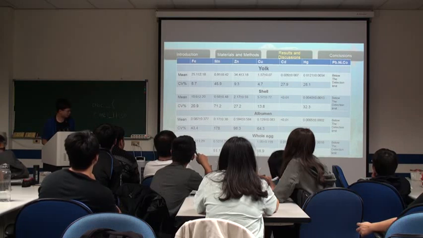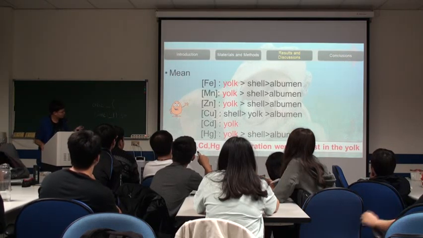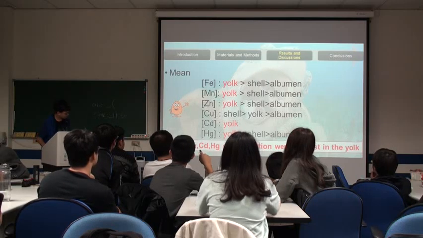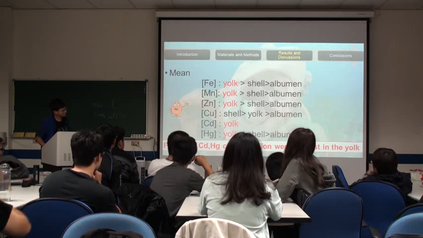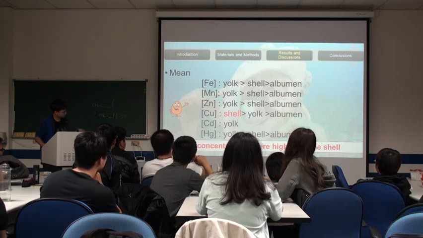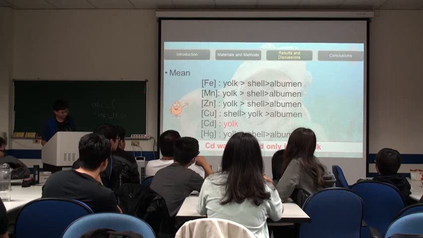From the means we can know that the concentrations of iron, magnesium, zinc, and mercury were highest in the yolk, and copper concentration was highest in the shell, and cadmium was detected only in the yolk.